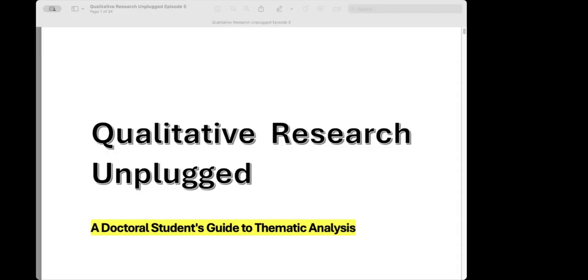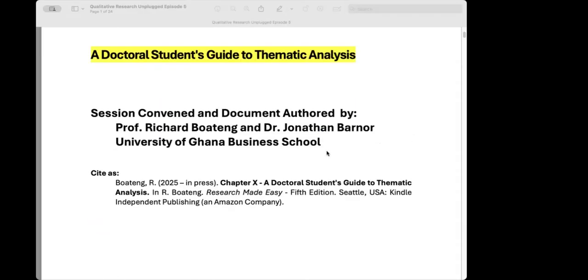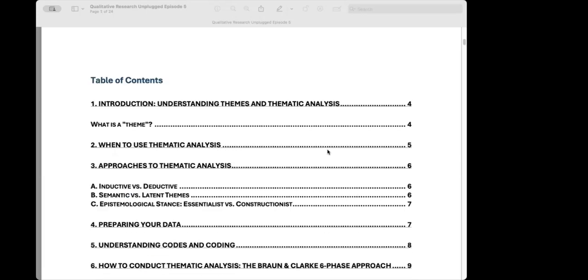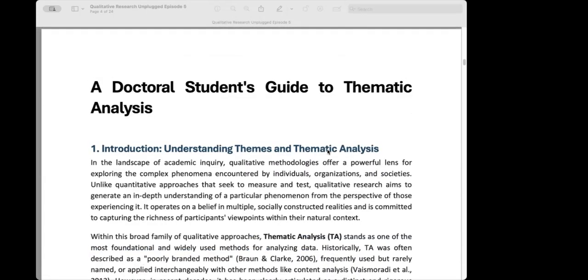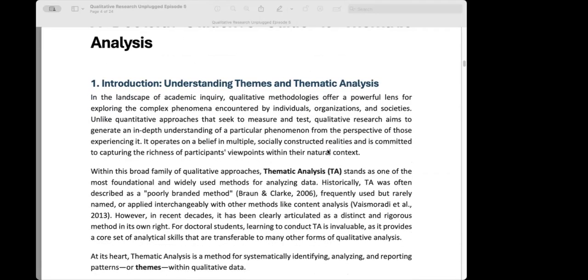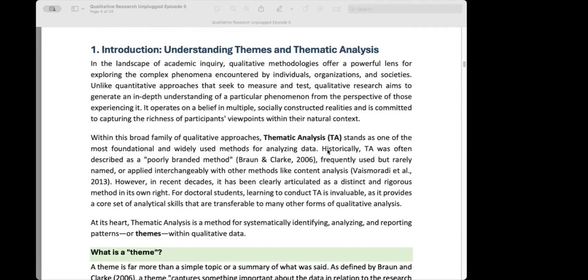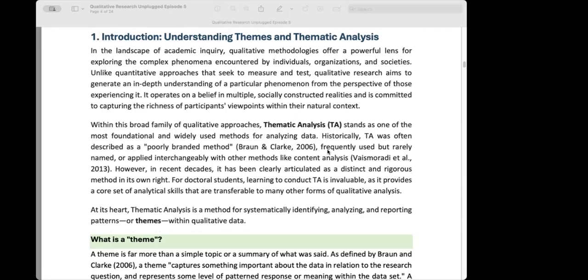Excellent. So our mission today is to truly unpack thematic analysis, often just called TA, right? Right, TA. It's a method that at its heart helps you systematically identify, analyze, and then report patterned meanings within your qualitative data. Systematically is the key word there. Yeah, think of it not just as finding information, but really as unearthing the hidden stories, the underlying structures, the resonant echoes in your interviews, observations, documents, whatever data you have.